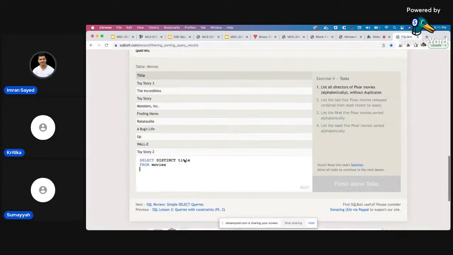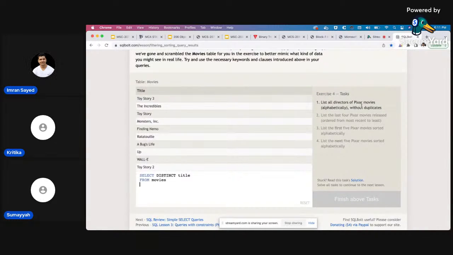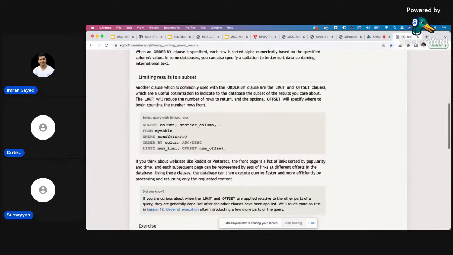Okay, and then we want to order by. List all the directors alphabetically by, so we want ascending.